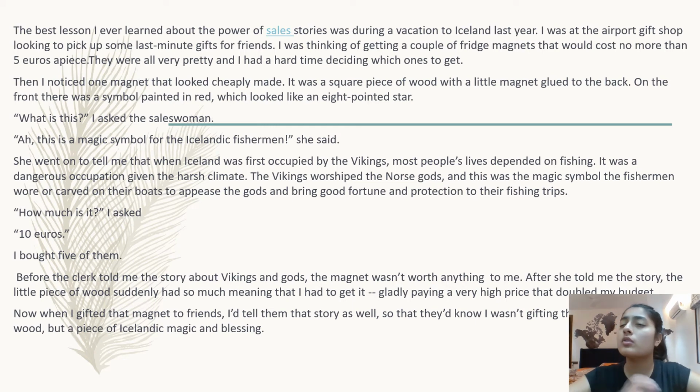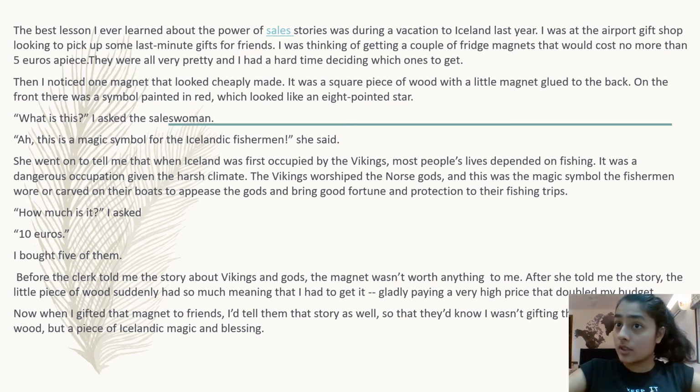And she goes on to spin a wonderful story about the symbol and history, and the customer, our tourist, gets fascinated by it. Even though she promised to herself that she would not spend above this much money, she gets so fascinated by the story that she ends up buying five of those fridge magnets.